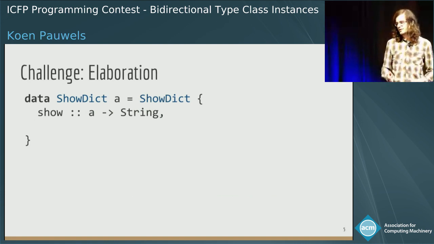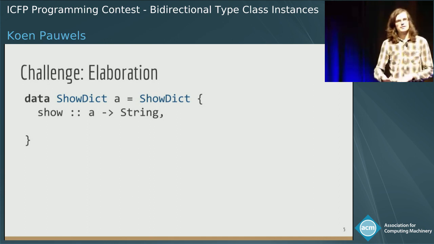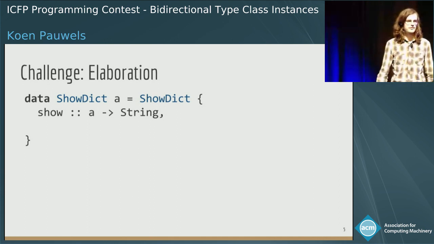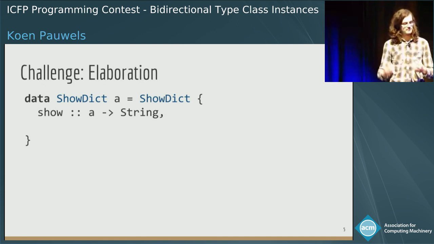One of the core challenges is how do we compile type classes then? As you may or may not know, type classes are typically translated into an intermediate language like System FC by using an explicit dictionary passing scheme.